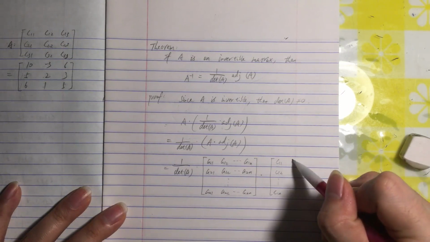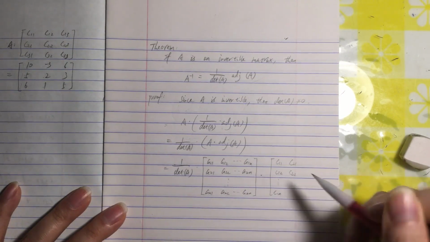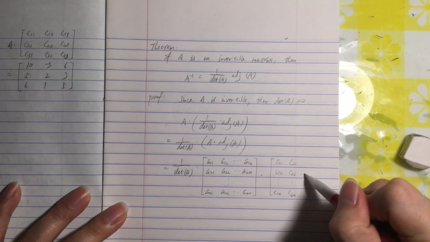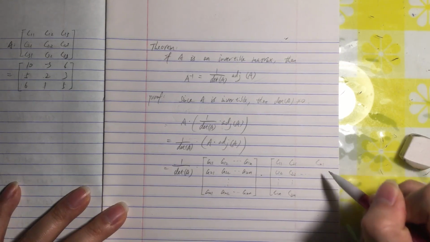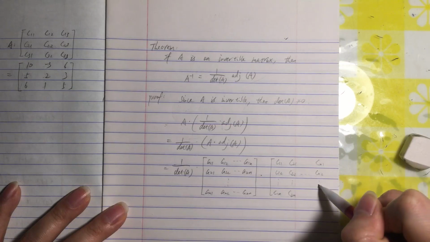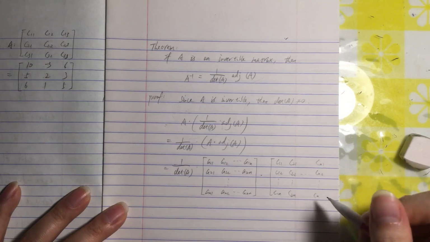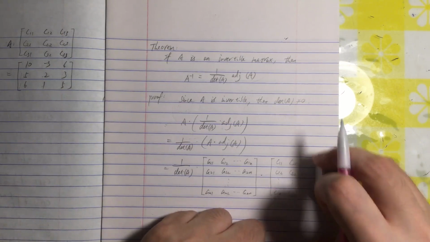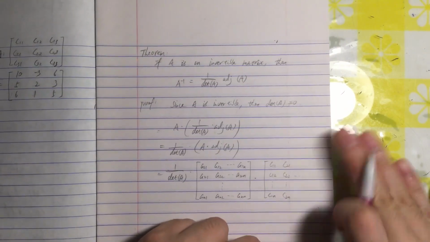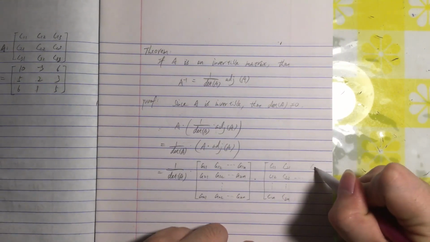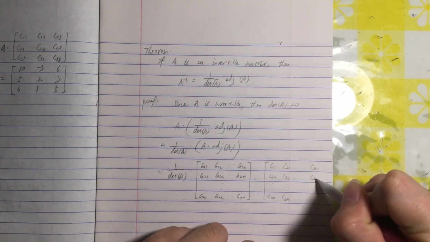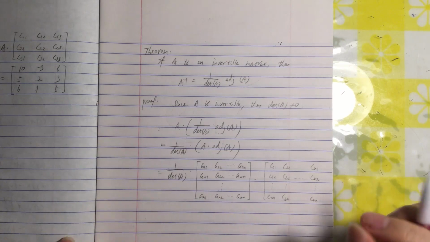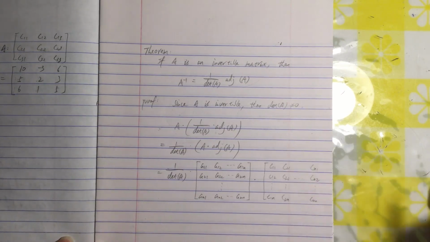So the second column is C21, C22, C2n, and the last column is Cn1, Cn2, and Cnn. That's the definition of adjoint. We put the corresponding cofactors in columns.